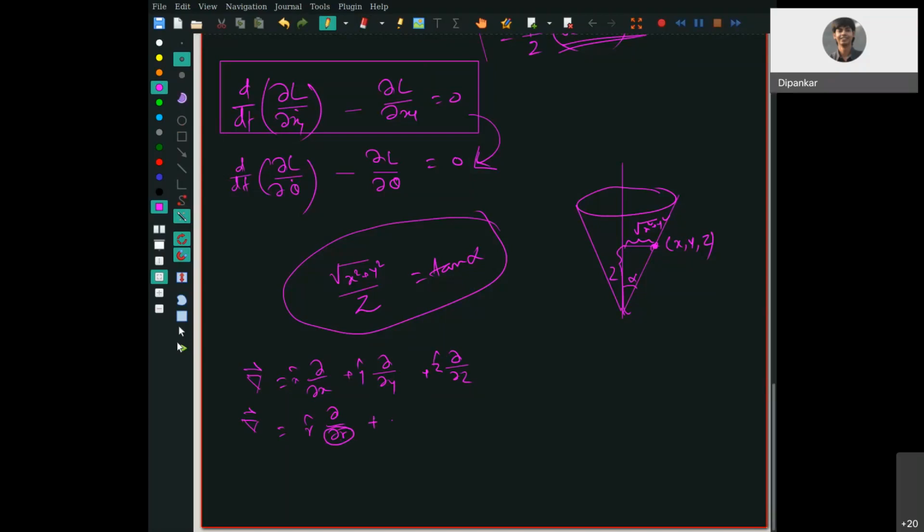So perhaps this is what you were talking about. Then 1 by r del theta, because r del theta is the line element in the theta direction, and in the phi direction perhaps it would be 1 by r sine theta del phi. So this intuition will work when you try to calculate del, but once you try to calculate del square, it will not work anymore. The del square is not just the dot product with that.